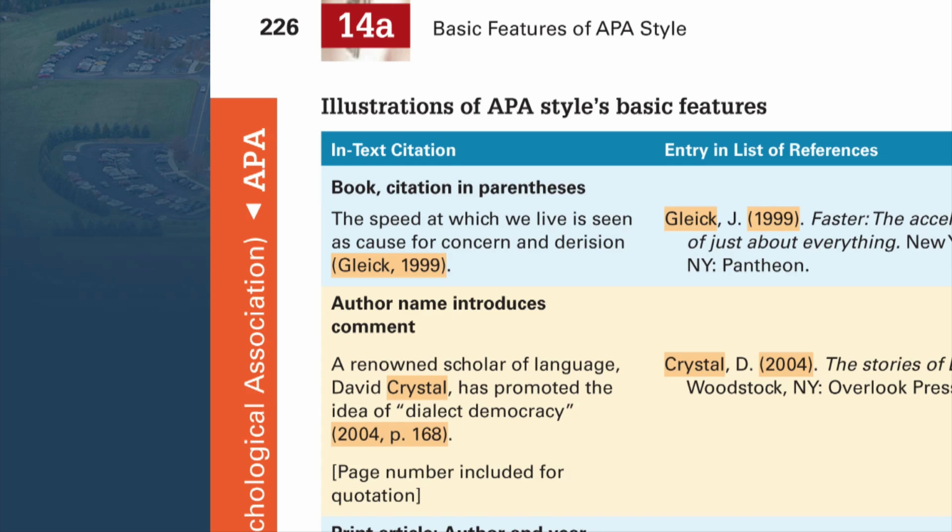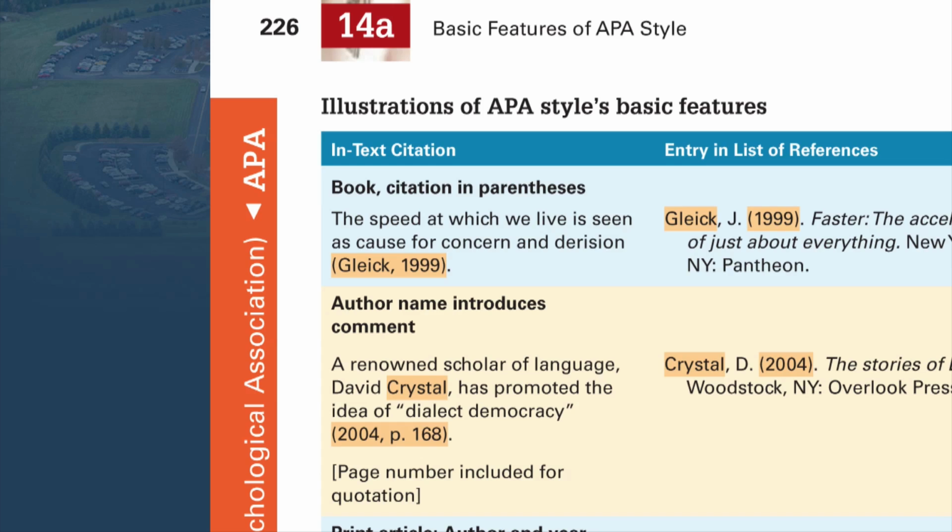You would put after what you've cited the author's last name, comma, and then the date the work was written within the parentheses. And this citation, as it's called, would be before the period. The citations are considered part of your sentence, so your end mark goes after them.